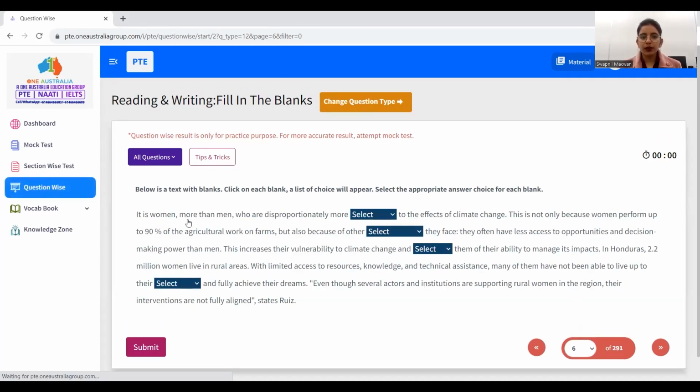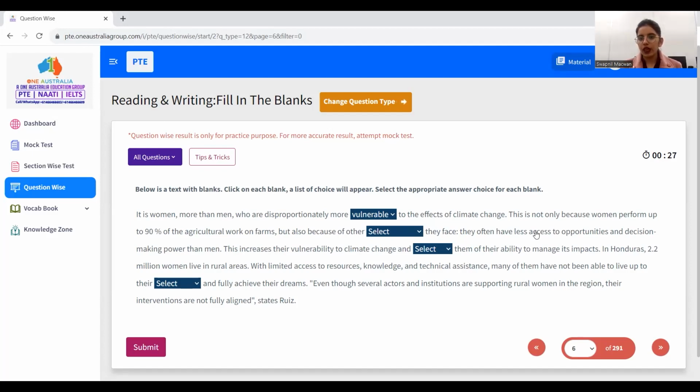It is women more than men who are disproportionately more dash to the effect of climate change, who are suffering from the effect of climate change. Women are suffering, so the word related to suffering is vulnerable. Vulnerable means being exposed to attack or to something harmful.